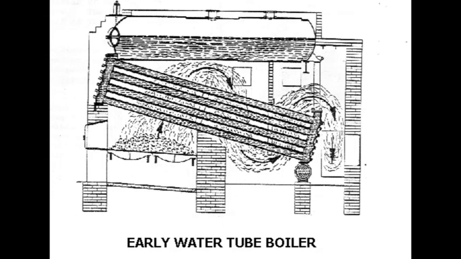The early third generation boilers are water tube boilers, where water is passed through tube bundles placed in such a way that heat is absorbed in the tubes and there is more heat transfer area, but at the same time there are much more losses in terms of exhaust flue gas passing through it.